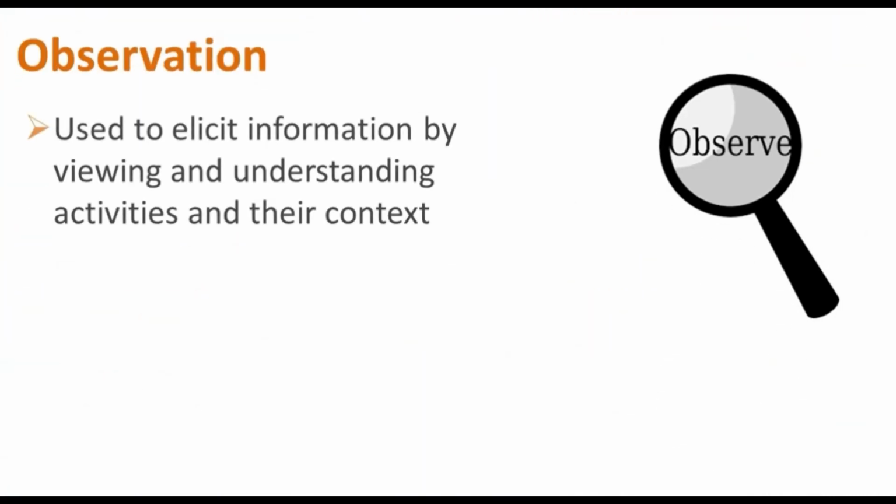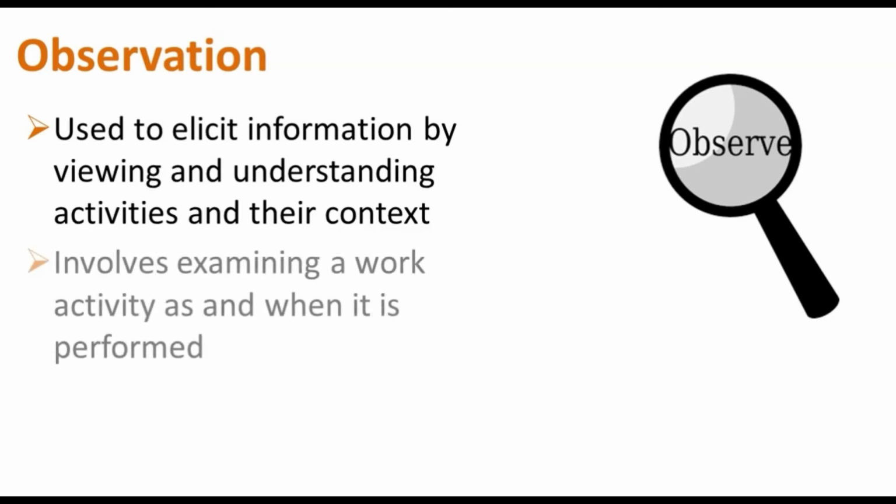Observation is used to elicit information by viewing and understanding activities and their contexts. So essentially you go down to the place where the activity is happening and you observe how things are happening. It involves examining a work activity as and when it is performed. So it's real activity being observed.